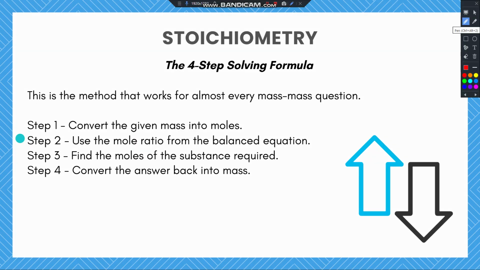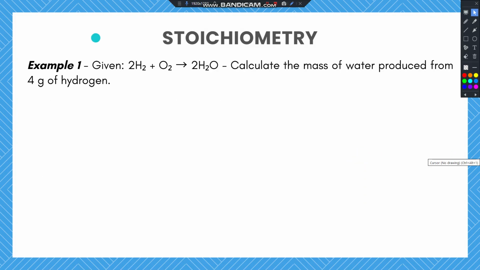Step number two says use the mole ratio from the balanced equation. So let's go ahead and get the mole ratio from the balanced equation. How do we get the mole ratio? Well, it's simple. To get the mole ratio, we simply check out the question. The question says calculate the mass of water.